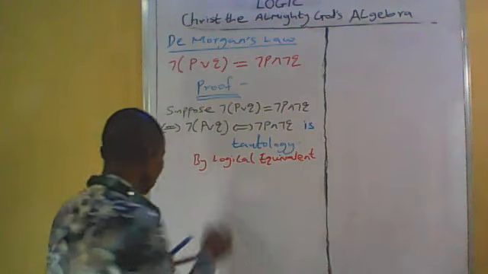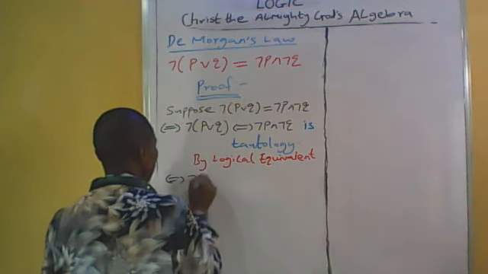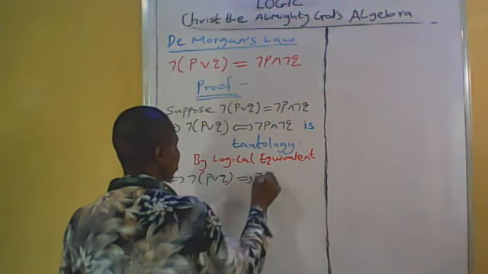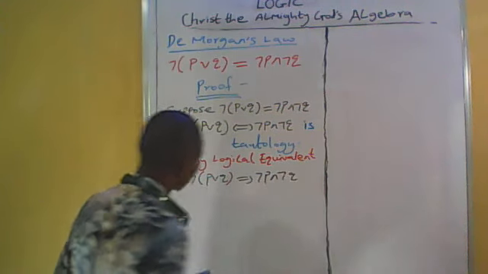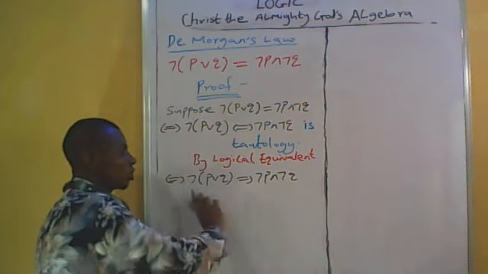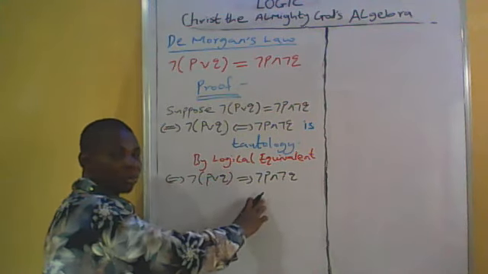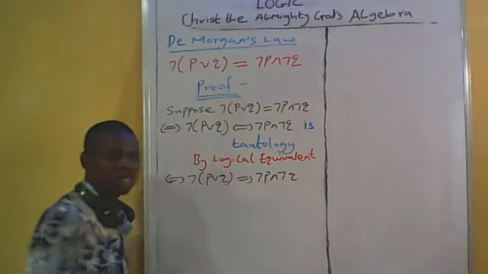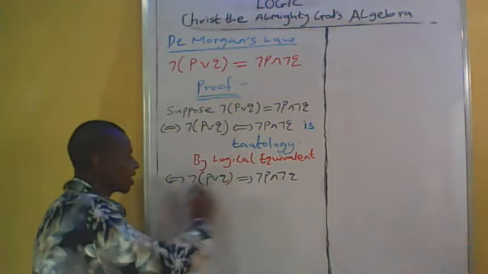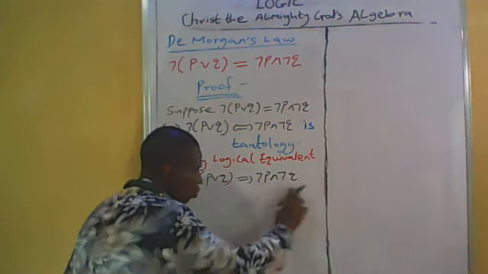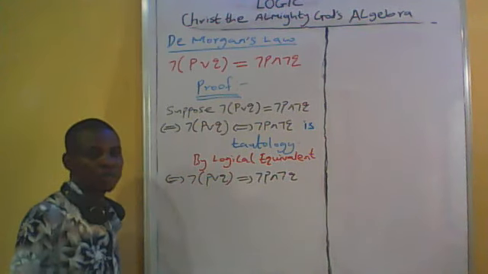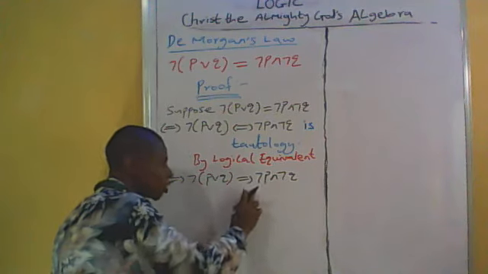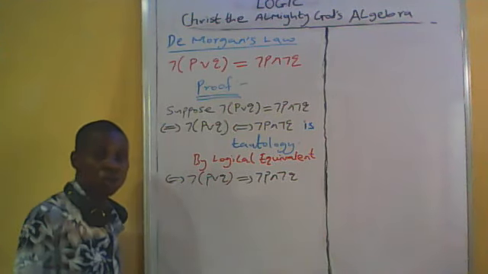That means not bracket P or Q implies not P and not Q. You have transformed it from biconditional statement to conditional statement. Whenever the antecedent is true, also the consequence must also be true. When you read this statement, there's no possibility of getting falsity, always truth. We say it is tautology.